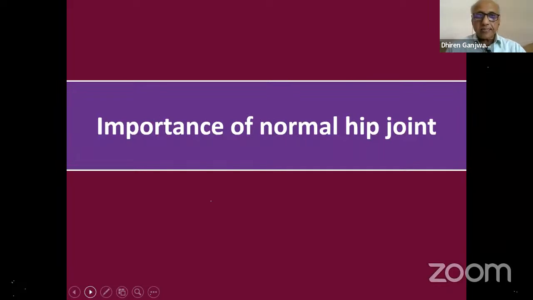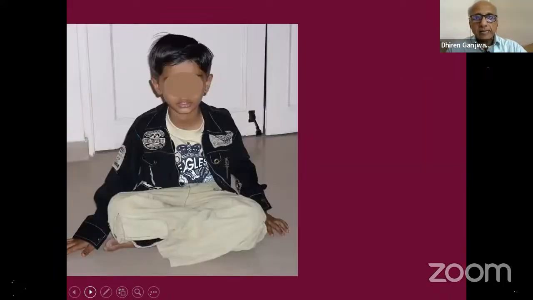First of all, let us understand the importance of a normal hip joint in our activities of daily living. This is a very common situation, particularly in rural India, where a lot of children sit on the floor, either in school, particularly in the earlier years, or at home for taking meals.